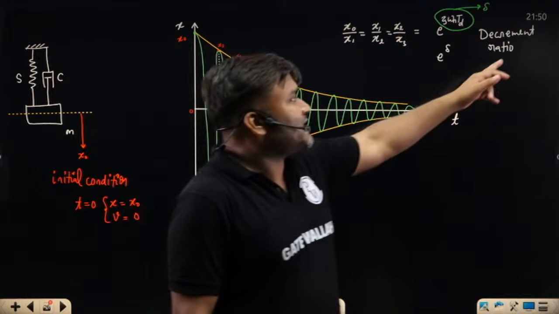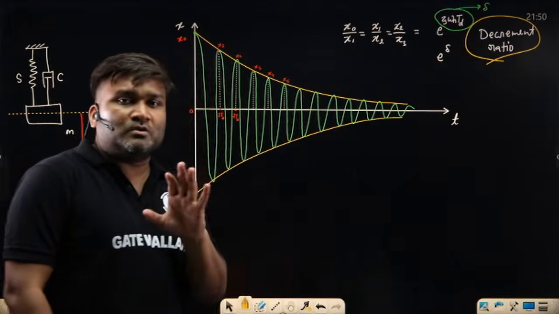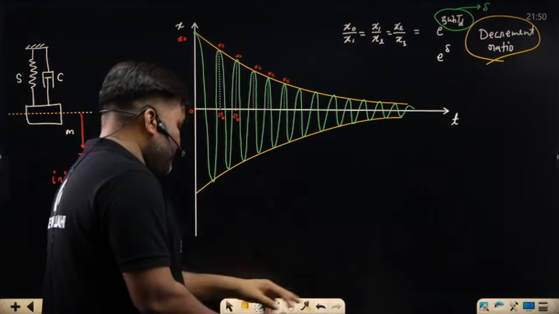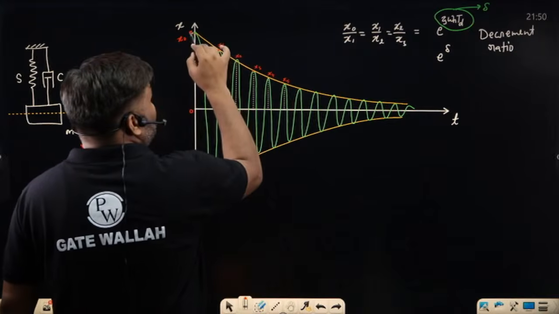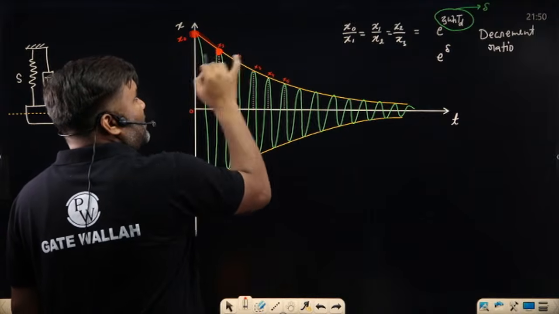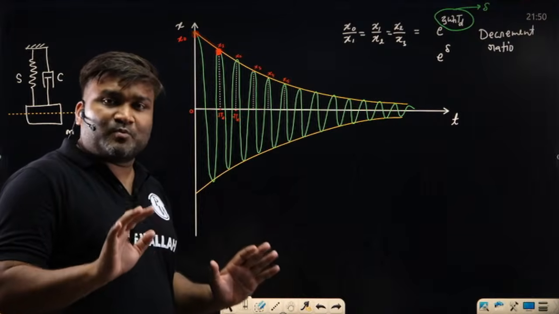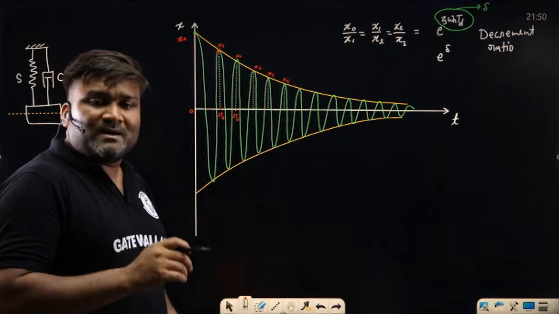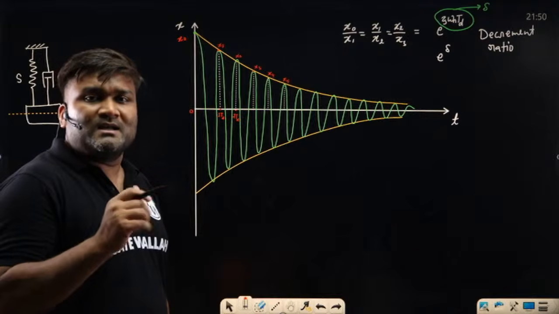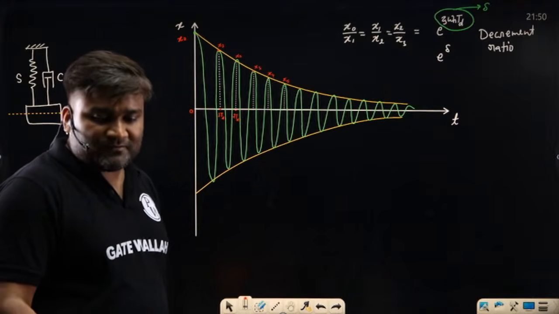Ki bhaiya, decrement ratio for this system, if it is 2, if the ratio of this to this is 2, this is twice as big as compared to this one, so this will stay. This is the property of the system. It doesn't matter how much initial deflection you have provided. If its nature is to make things half, it will keep on doing half.